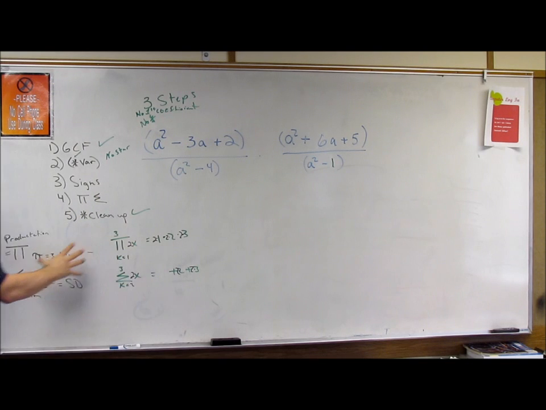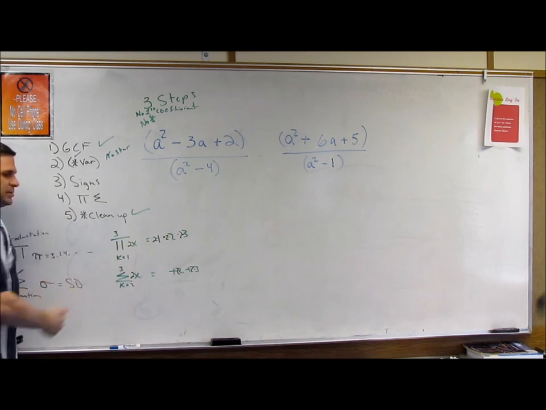What we explained earlier about productation is the big pi, whereas the little pi is 3.14. Productation is something we do in calculus and in statistics.